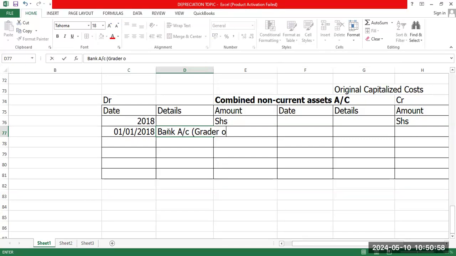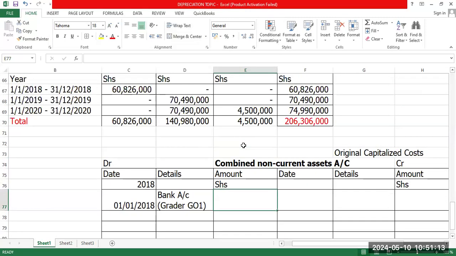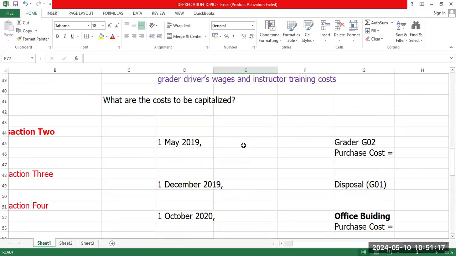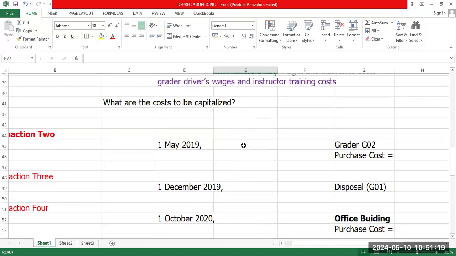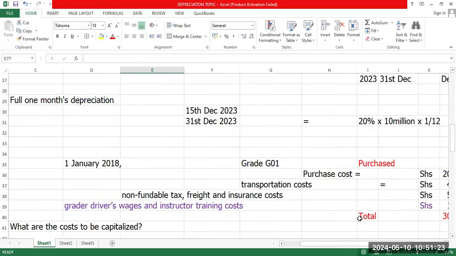We purchased grader G01. At how much? We recorded the capitalized figure. This is the value you're going to record.